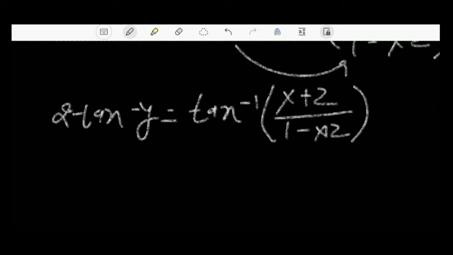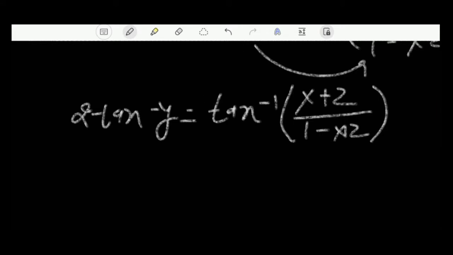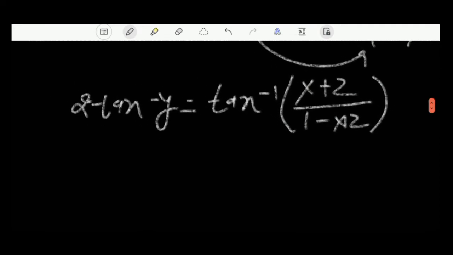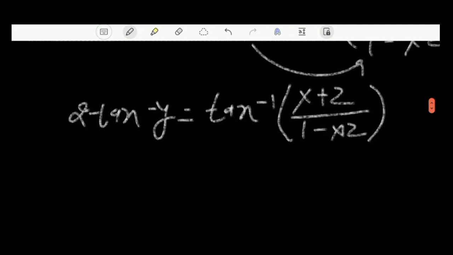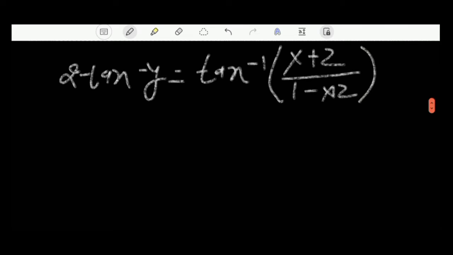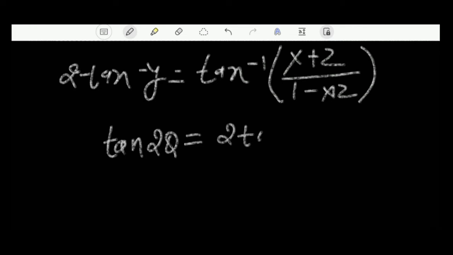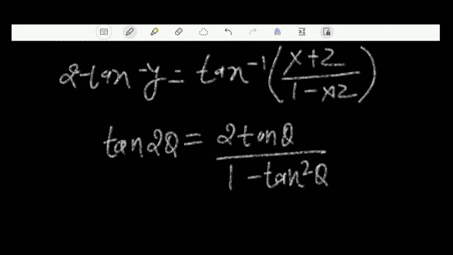Okay, fine. And since we know 2 tan inverse y, we can also transform this, because we know that tan 2 theta would be equal to 2 tan theta upon 1 minus tan square theta.